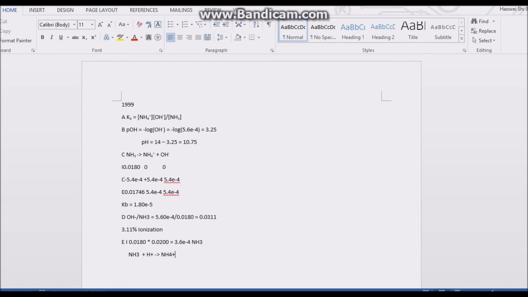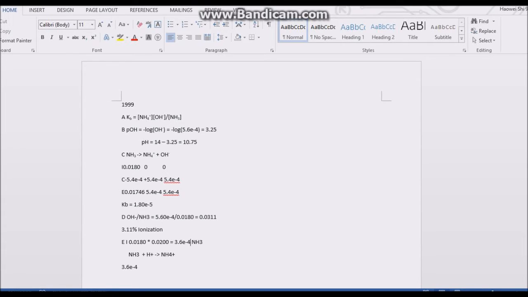Since we found how much NH3 is needed to get the NH4 plus, we could get the H plus via stoichiometry, which yields the same value as the NH4 plus moles.